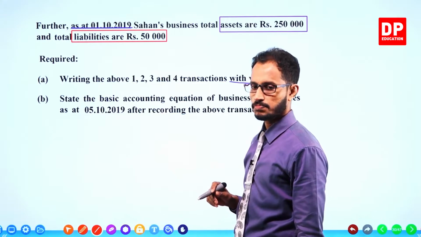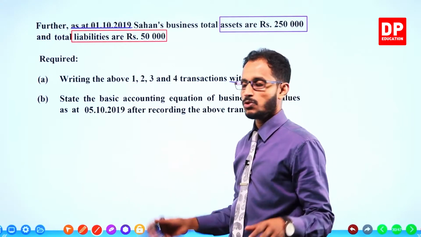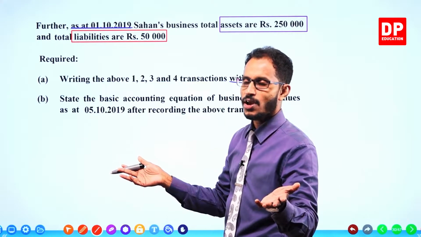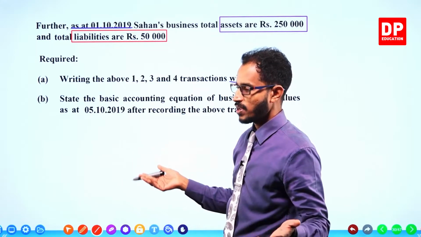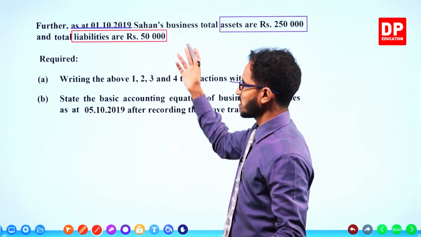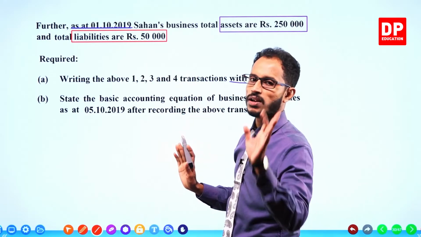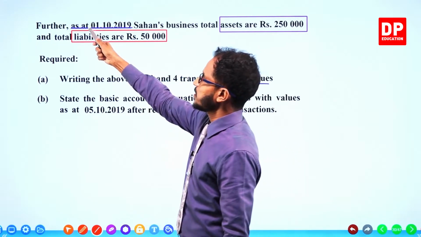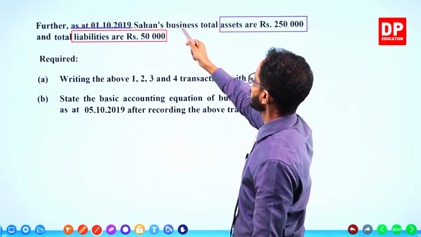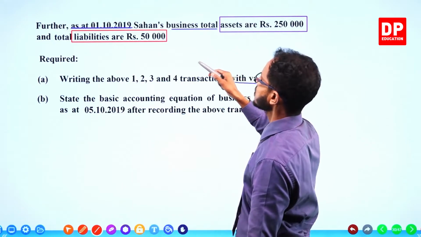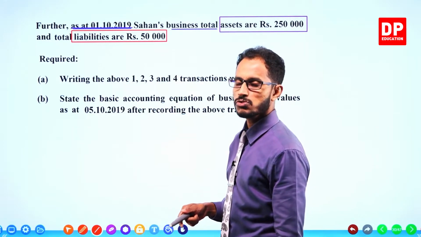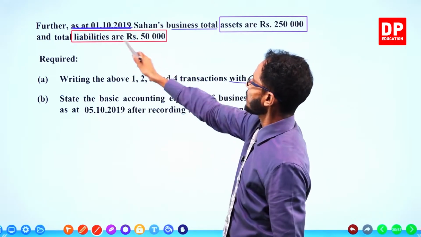There's no need to show you with all the dancing and acting, circling and squaring things with colors; you have to understand these things. If the balances or values given of a business are as at 1st of the month, those values are the opening values of assets and liabilities.